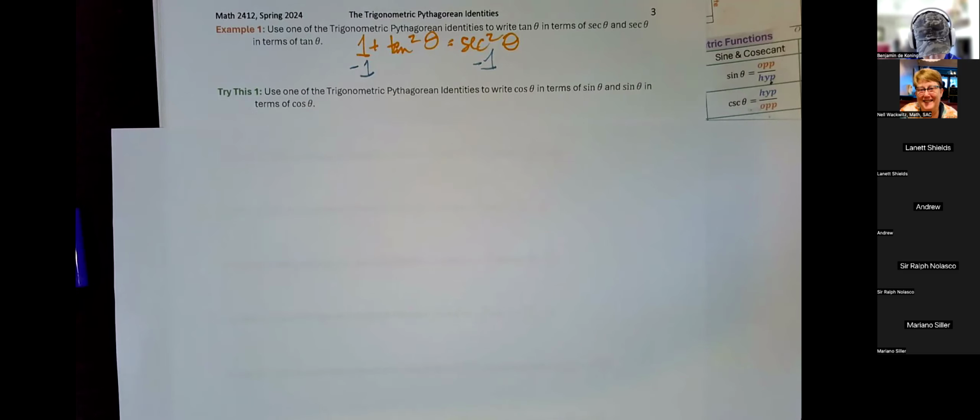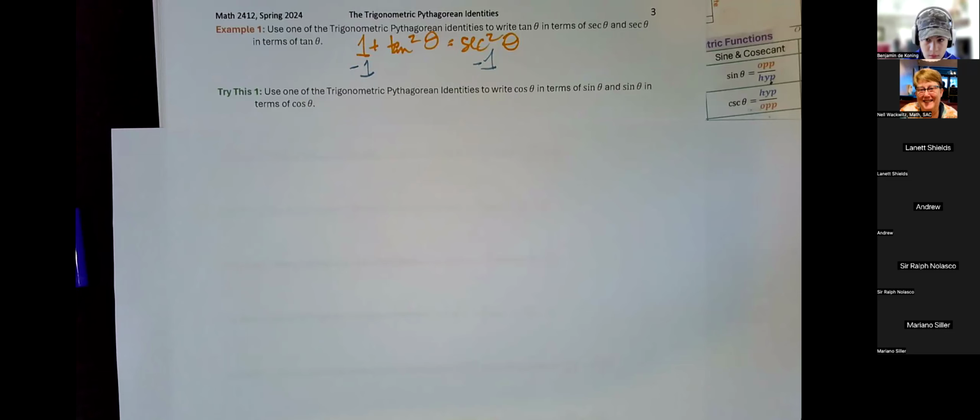So cosine theta equals the square root of everything, because you're trying to just find cosine. That'd be the next step: plus or minus the square root of 1 minus sine squared theta.